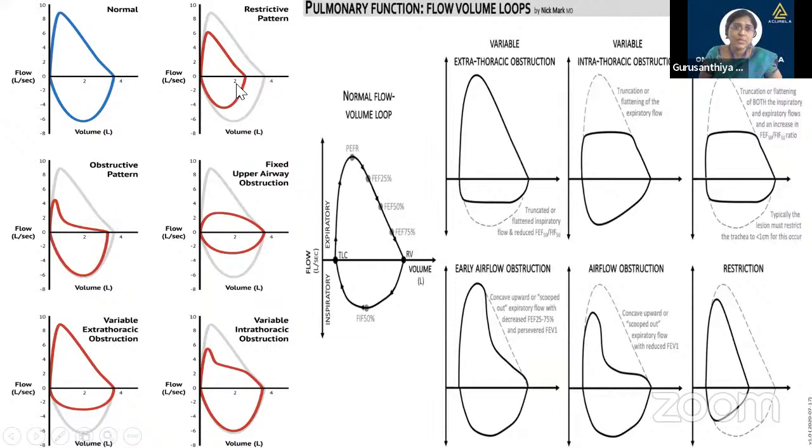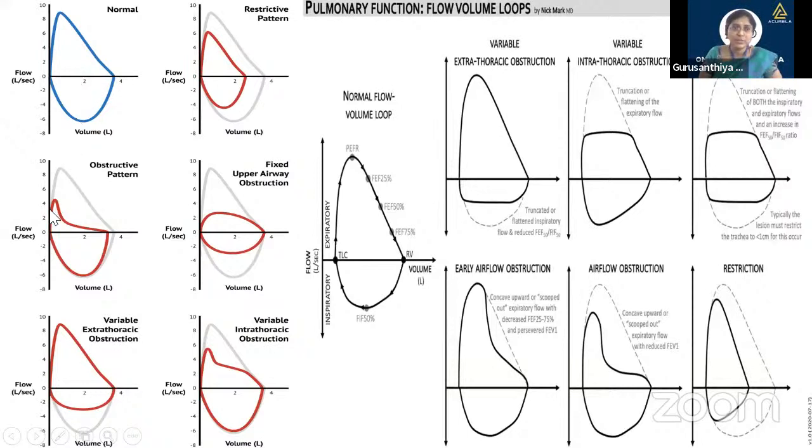So total lung capacity has reduced to 3 liters. Somewhere it was supposed to be 5 liters or 6 liters. It has reduced to 3 liters. And the maximal expiratory effort also is decreased. And again, the slope of the curve remains normal, but then all other values are decreased.